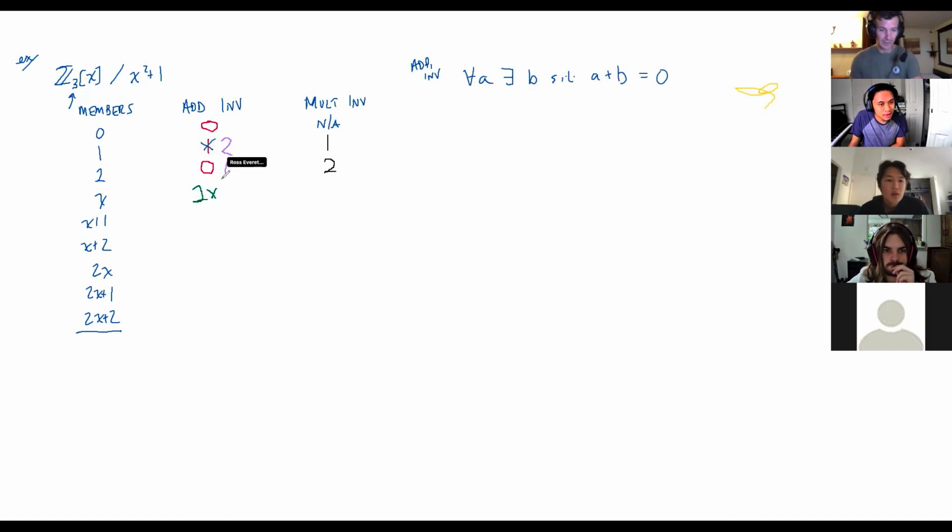Oh, I don't want to use x because x is one of our symbols. I'll scratch it out. Good so far.